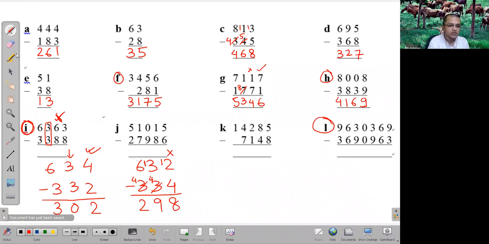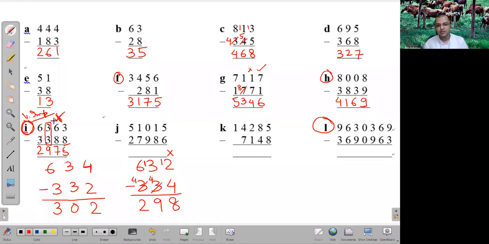Okay, Parikshit, you can continue. 6 minus 4 is 2. 13 minus 4 is 9. 16 minus 9 is 7. 13 minus 8 is 5. 9 is not required. Is this clear? Number I, very important.